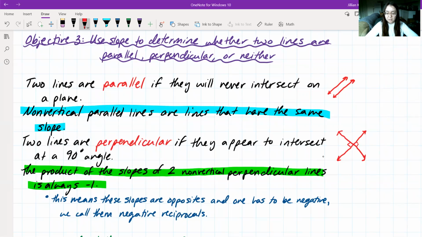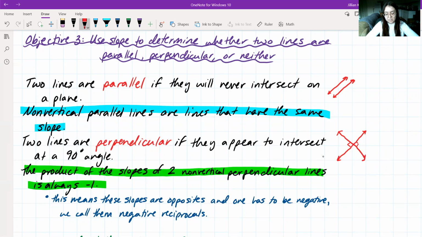The product of the slopes of two non-vertical perpendicular lines is always -1. So if we find slopes and want to determine if they're perpendicular, we multiply their slopes together, and if they're equal to -1, then those lines are perpendicular. If not, then they're just neither.